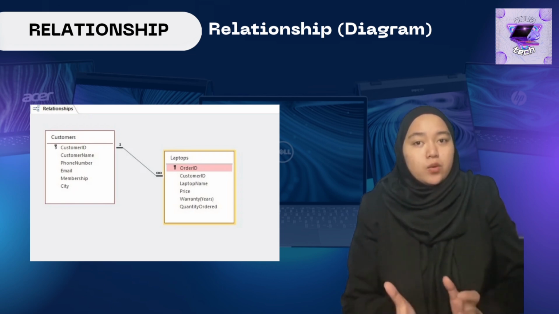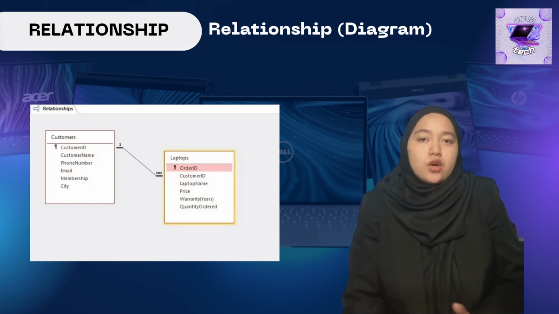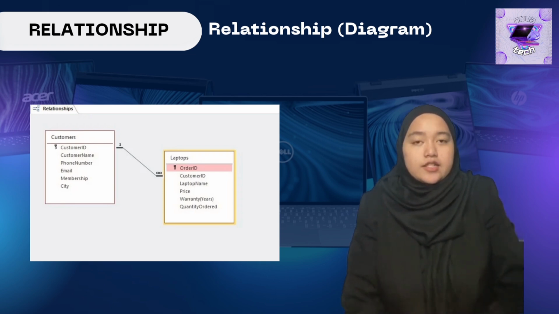This means one customer can place multiple laptop orders, but each order is tied to only one customer. This relationship ensures referential integrity, preventing inconsistent or orphan data, such as a laptop ordered without a corresponding customer. The relationship diagram helps visualize and manage these connections, ensuring data accuracy and detailed reports.